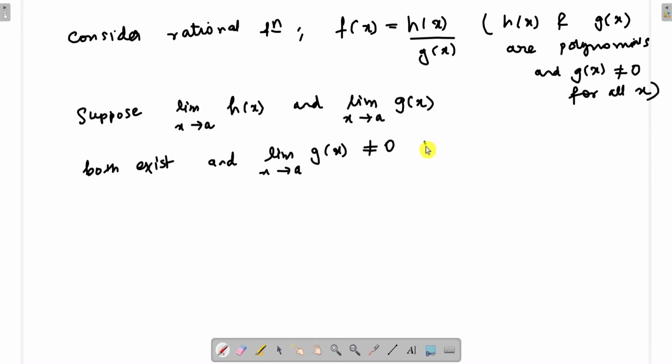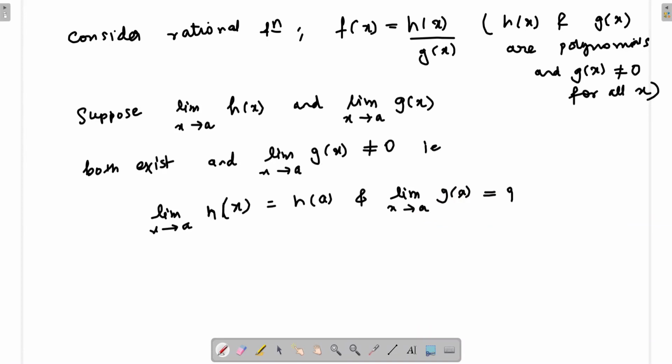That is, we can say the limit as x tends to a of hx is equal to ha, and the limit as x tends to a of gx is equal to ga, and this is not equal to 0.